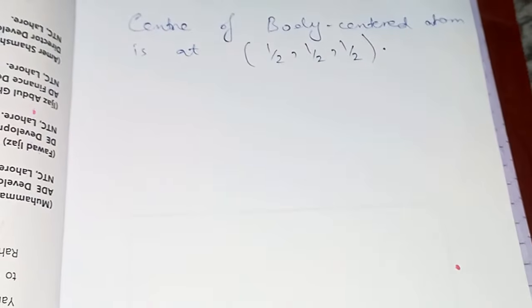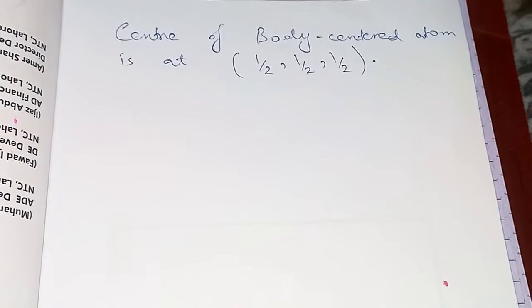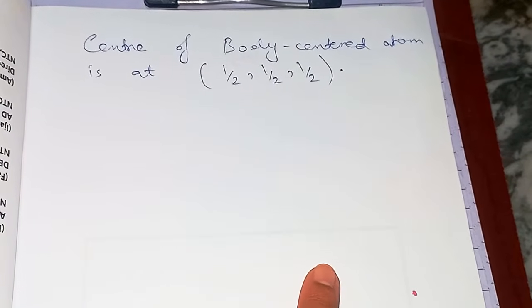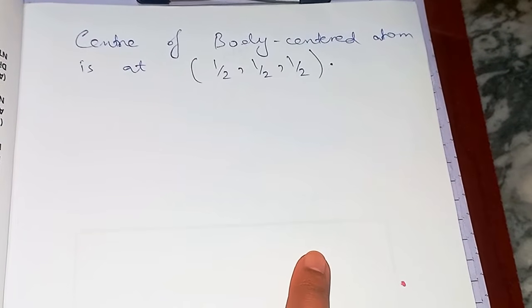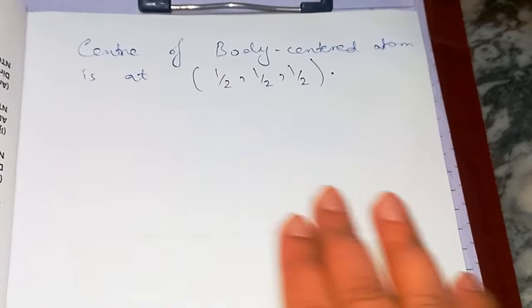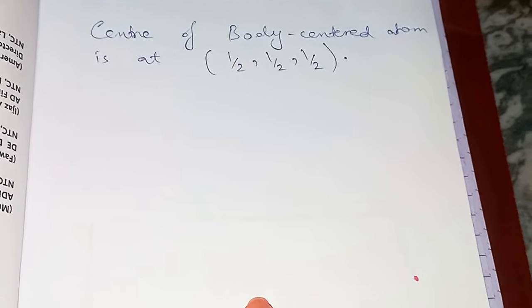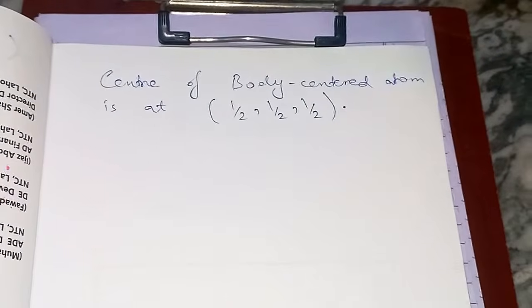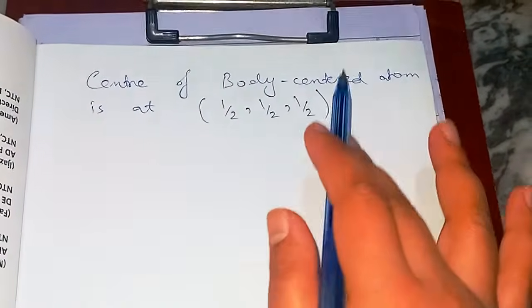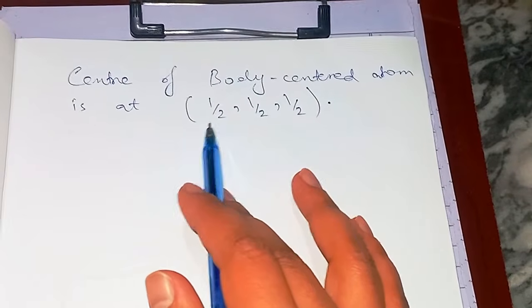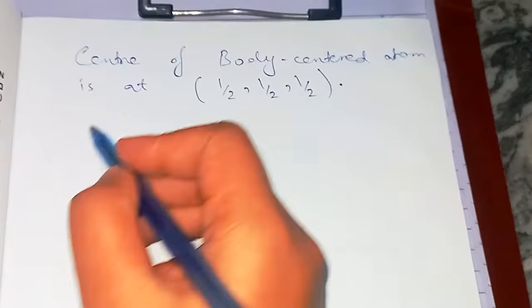If the center is not lying on the plane, then it means the atom is not contributing to the plane. Even if the plane is cutting the atom, but if it's not cutting through the center of the atom, then that atom will not be contributing to the plane. That is how we are taking it. Alright, so the center must lie on the plane.